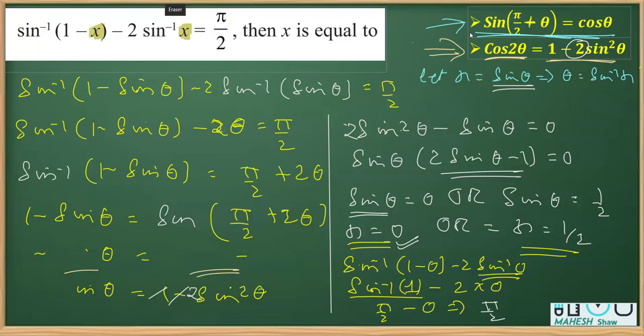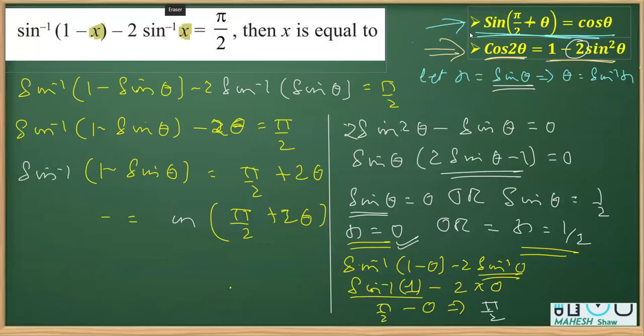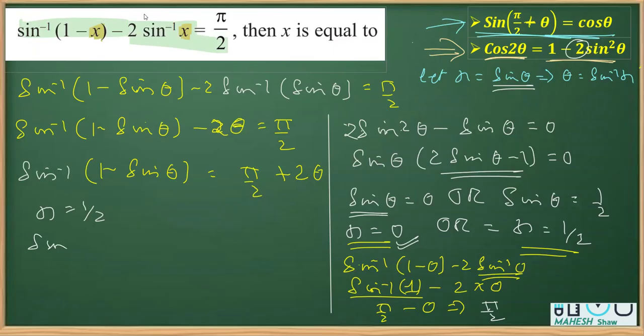Now for the other part, we need to figure out whether x is equal to half is true for the solution or not. So let me erase a part of it and check the value of x is equal to half, whether it's true or not. If I place it on this equation, in the first part we are getting sine inverse (1 minus x), which is half in this case, minus 2 sine inverse x, again half.